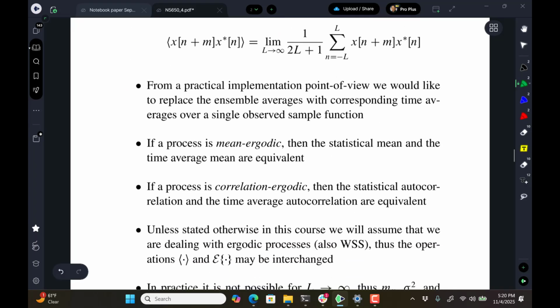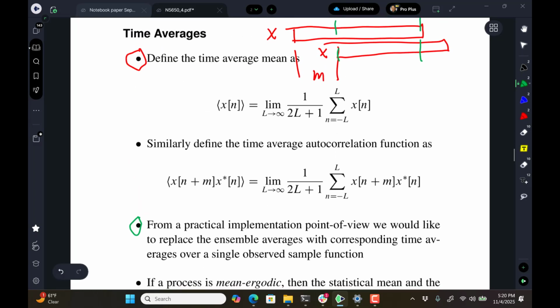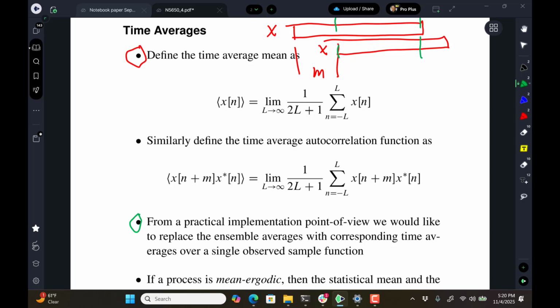But just like I was saying, we want to replace it, and we want to work with a finite number of samples only. So first off, what are we not assuming, or what are we missing when we do this time average? When we do a time average, we're in the lab, we're taking a measurement, we're not working with an ensemble.